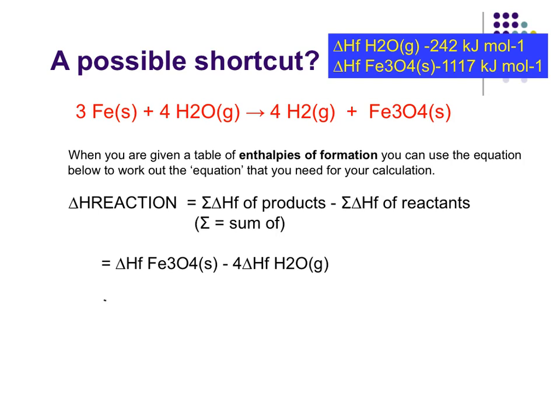Now if we think of the sum of the delta H of the products, so we have got iron oxide as a product, its delta HF was minus 117. Taken away from that, 4 times the delta HF of water, so 4 times minus 242.